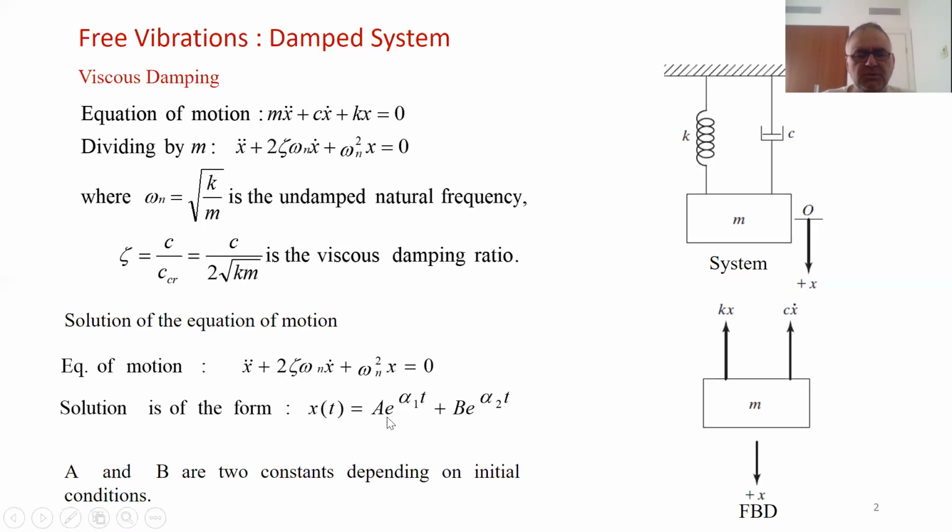The solutions to this are in the form of exponentials, and these exponentials might contain complex roots. If the roots are complex, we will see that the response will be oscillatory. A and B are the terms that depend on the initial conditions, that is, initial velocity and initial displacement.